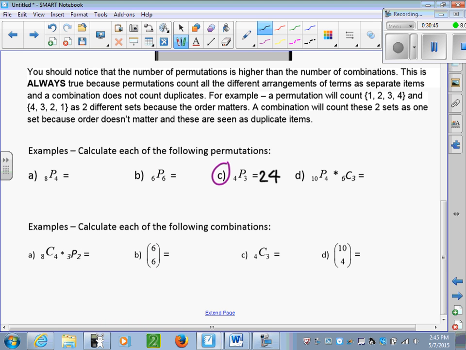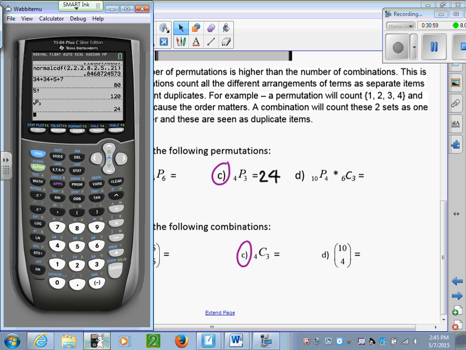All right, so I want you to solve A, B, and D. For D, you'll need to watch this next example before you can do it. So let's do C here. Again, it's the same thing, you just pick a different menu option. I'm going to go to Math, probability, and select number 3 or NCR.